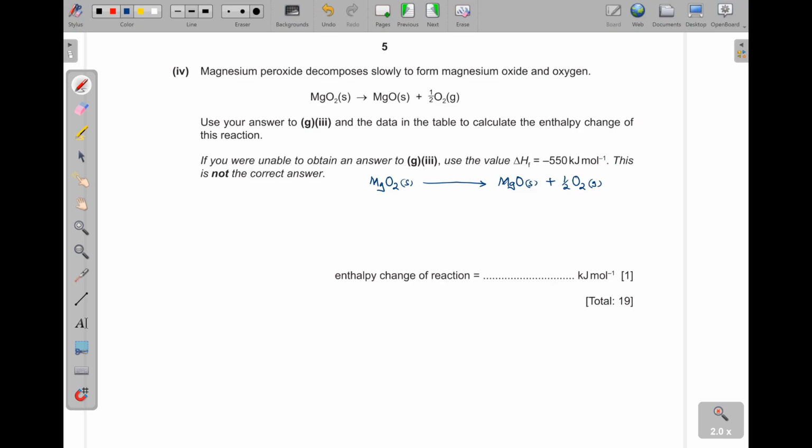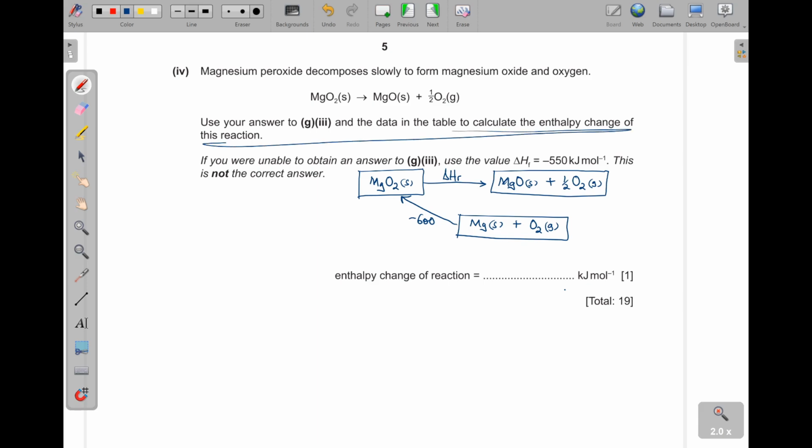Now these ones are coming from magnesium as a solid, then also oxygen here as a gas, right? Okay, so I have these boxes here. So here we are forming this one. The enthalpy of formation of this from its elements, we have seen that it is negative 600. Then here we are looking for the ΔHr. This is the one they have told us to find.